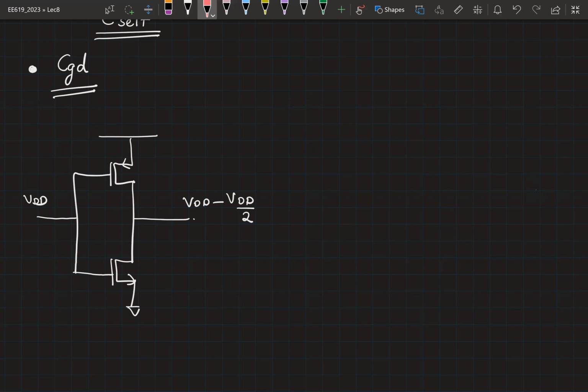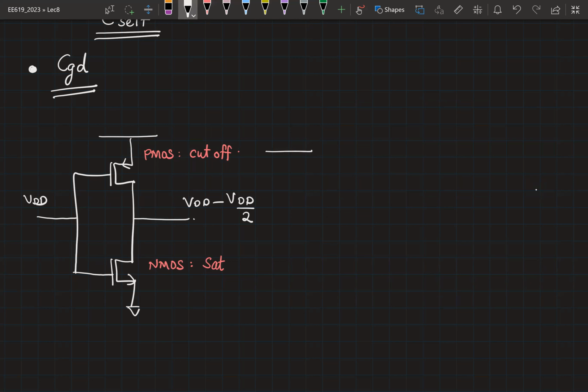This will be in cutoff. So PMOS is in cutoff. What about NMOS? It will go from saturation to... So it could remain completely in saturation region, or it could potentially go from saturation to linear region. So we are not very sure about it, right?